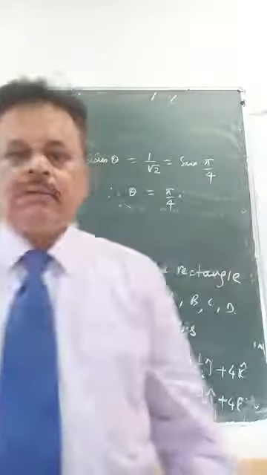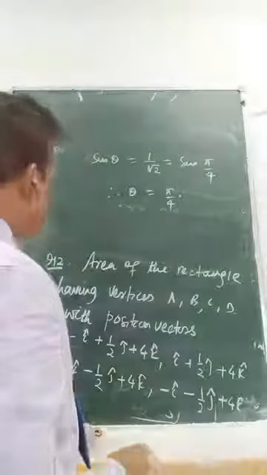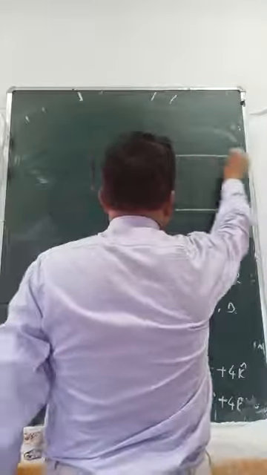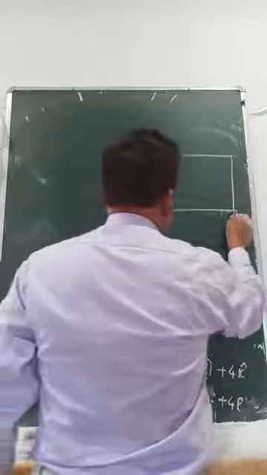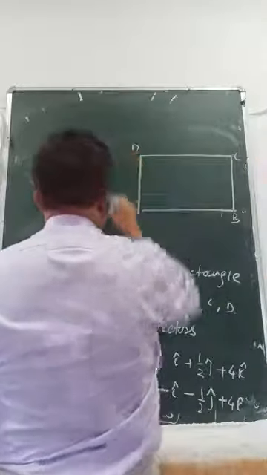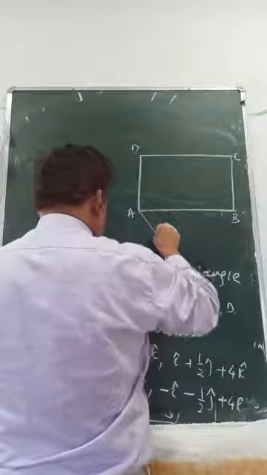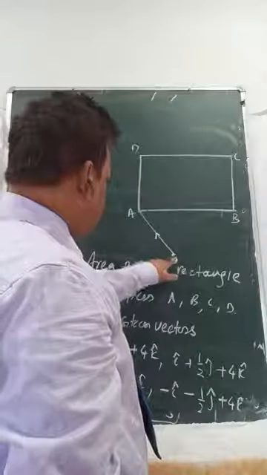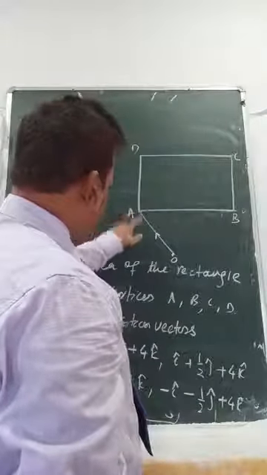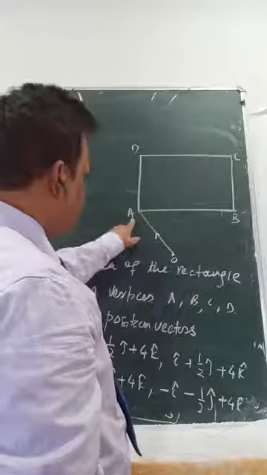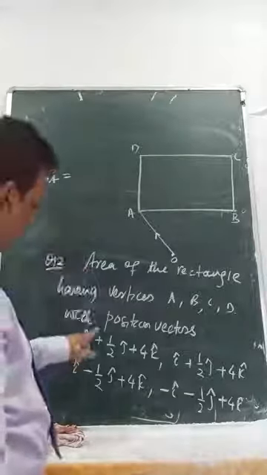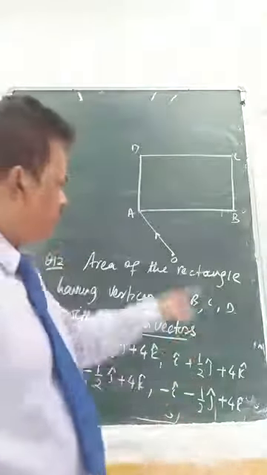What is the meaning of position vector? I will explain you here. This is A, this is B, this is C, this is D. Position vector means this is joined to the origin. With reference to origin, the position vector of the point A means the vector OA is given. So position vector, you understand, is with reference to origin.